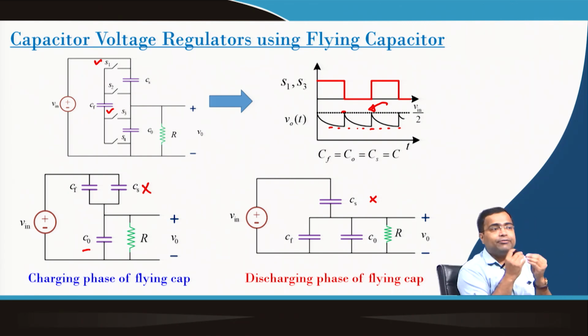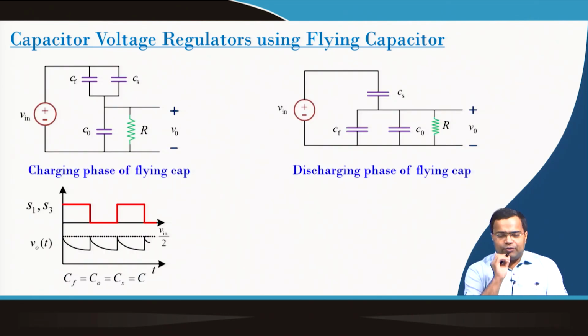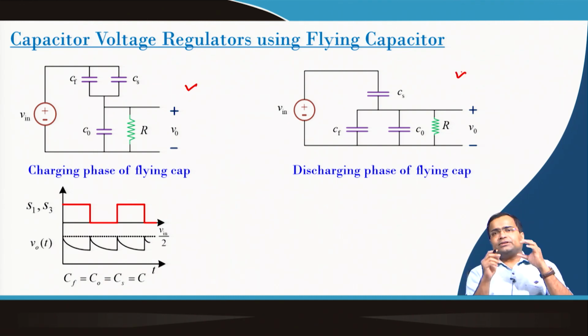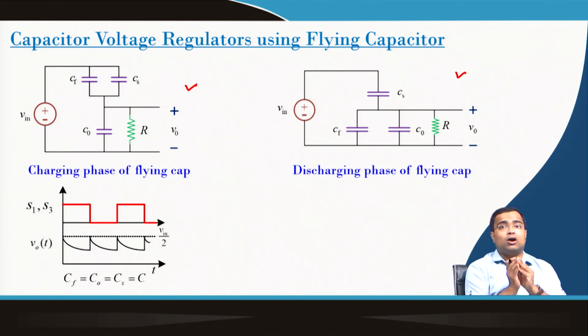But such frequent charging and discharging will also put a limit, called the high frequency switching limit. So, we have discussed two configurations. In one case, the flying capacitor is connected between the input voltage and the output capacitor, and in the second case, the flying capacitor is connected across the output capacitor.